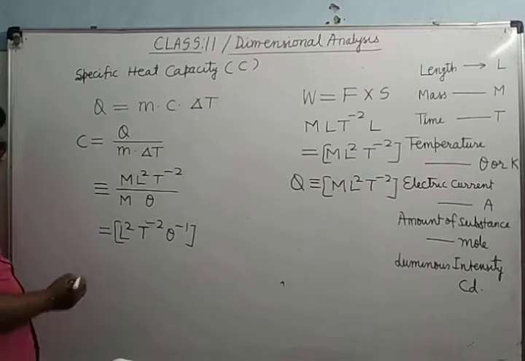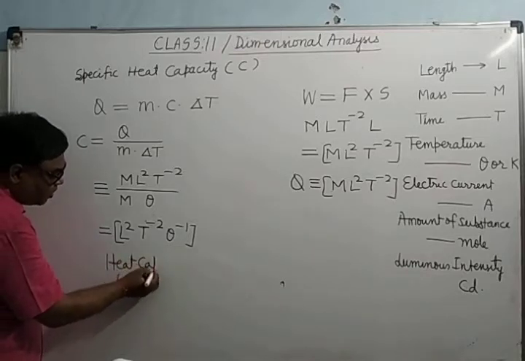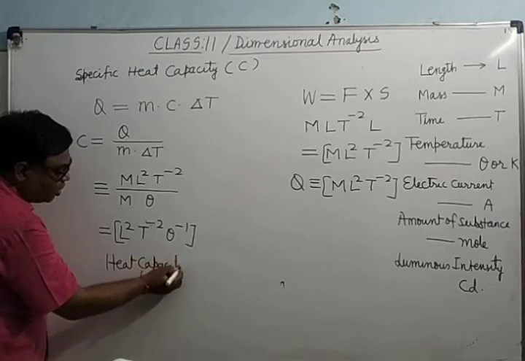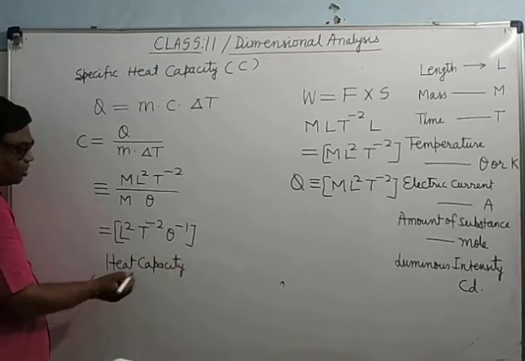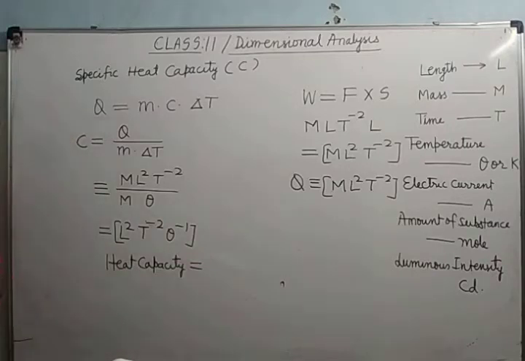Then you can see heat capacity. Heat capacity is what? That also you have studied. Amount of heat required to raise the temperature of any body by 1 degree Celsius is known as heat capacity. What is its formula?